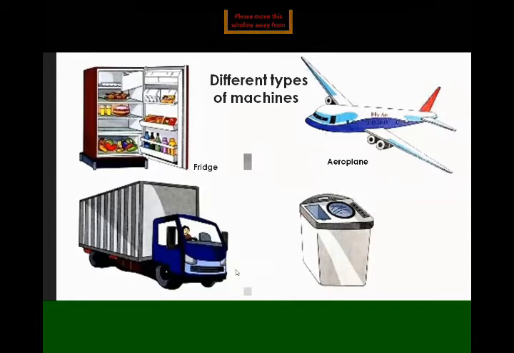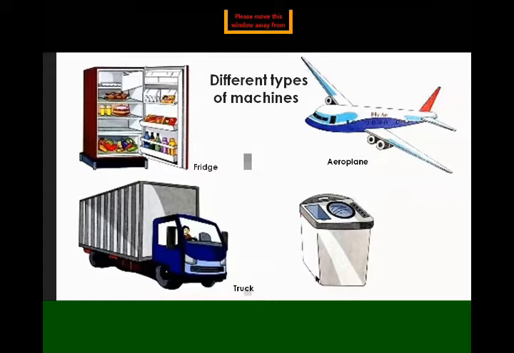Okay? Now, what is the third one? Have you seen it? This is a truck. What is it used for? It is used to carry heavy loads from one place to another.